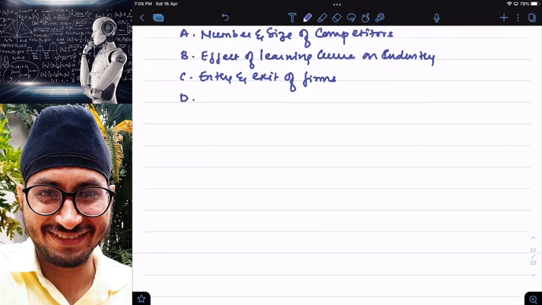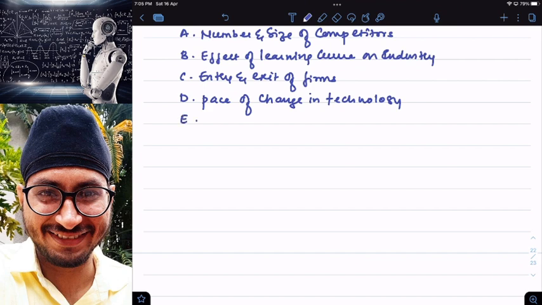Then we have pace of change in technology. Pace of change in technology means at what speed technology is changing. The higher the speed of change in technology, the more money I should invest in technology. The slower the change in technology, the less money I have to invest in technology.